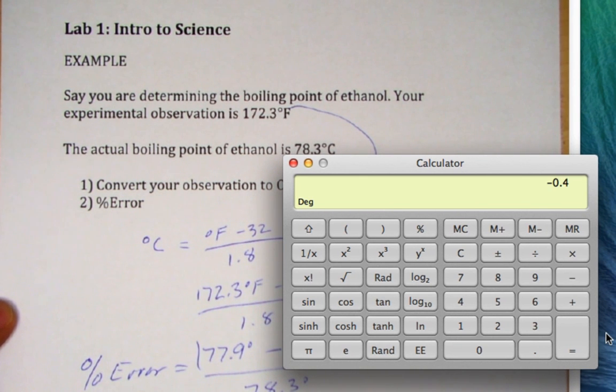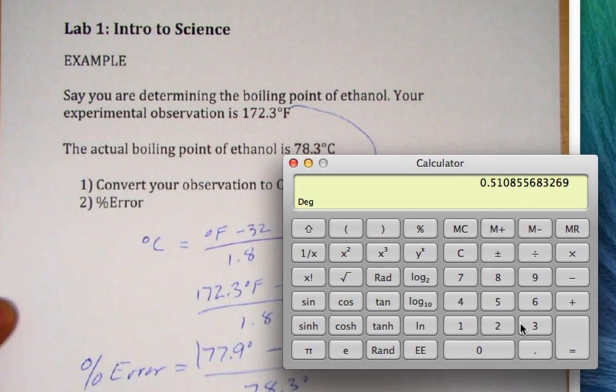That gives me a negative 0.4, but in reality it's going to be a positive 0.4. So it's going to be 0.4 divided by 78.3, and that's 0.0051 times 100.